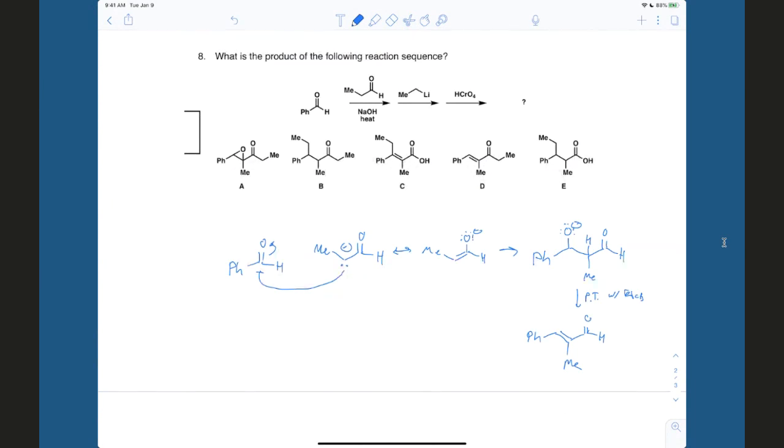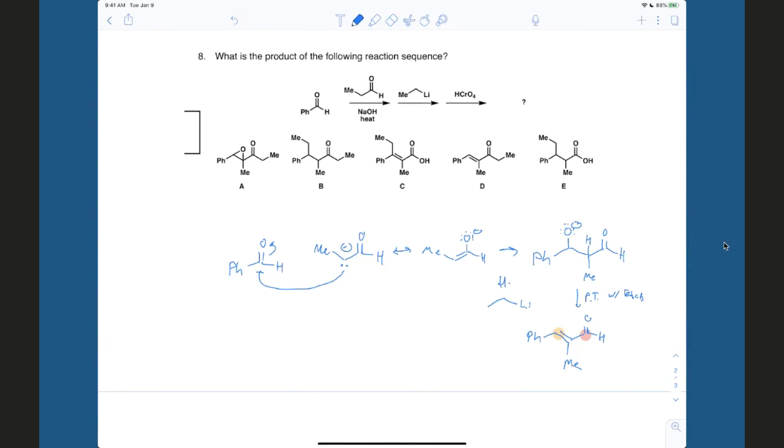We're going to add ethyl lithium to this. So where is ethyl lithium going to add? Once again, we have this situation where we have two different options. We have a 1,2 attack or we have a 1,4 attack. So we need to decide, is ethyl lithium going to be a hard or soft nucleophile? We got 1,2.